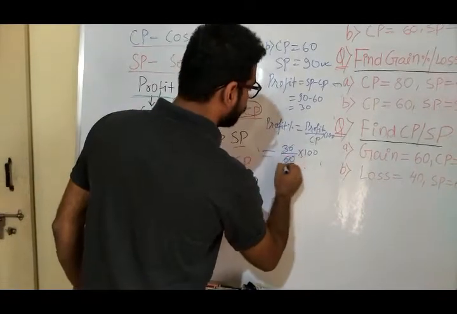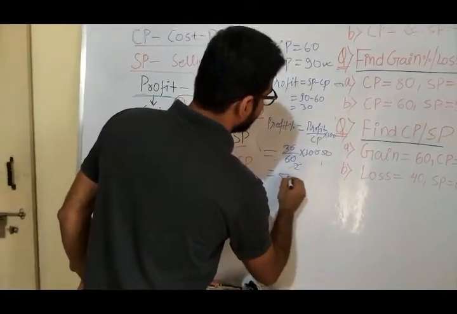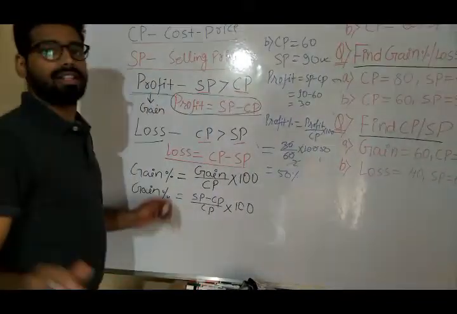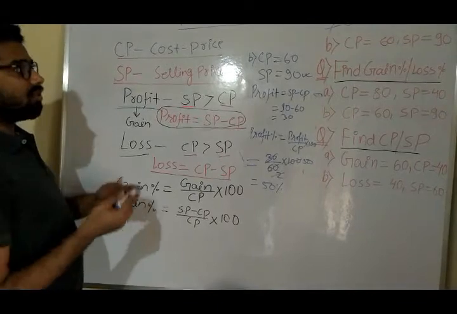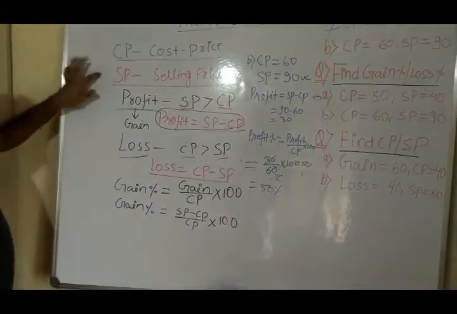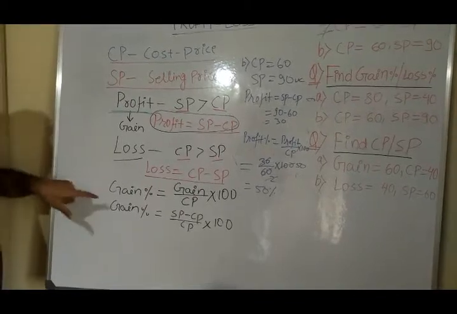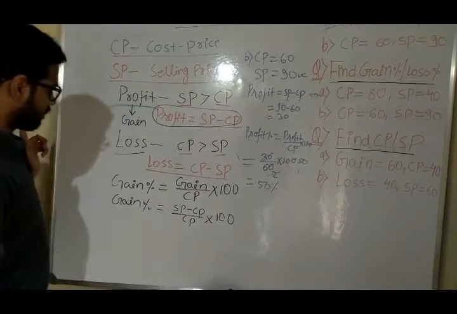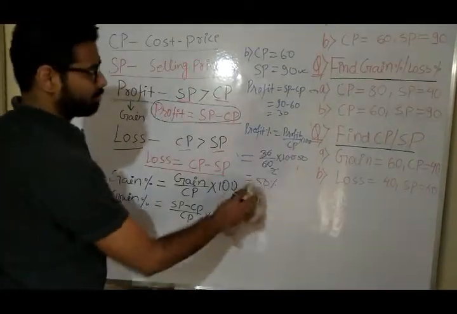That gives 50, so 50% profit. We got the answer that profit is 50%. Okay, we understood what cost price, selling price, profit, loss, profit percentage, and loss percentage are. Let's move to the third question.